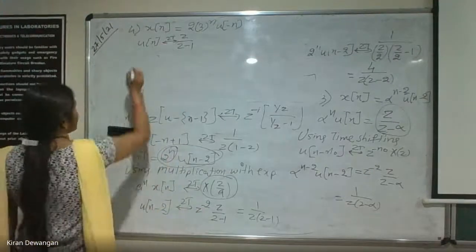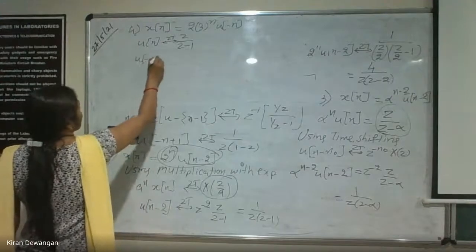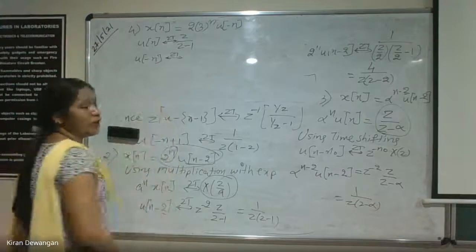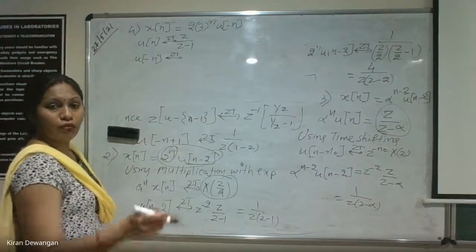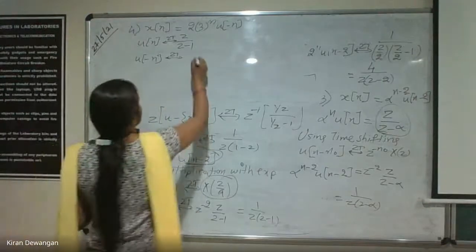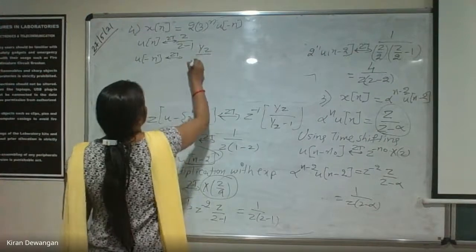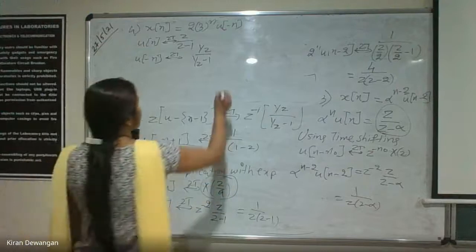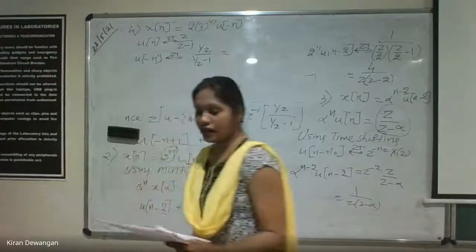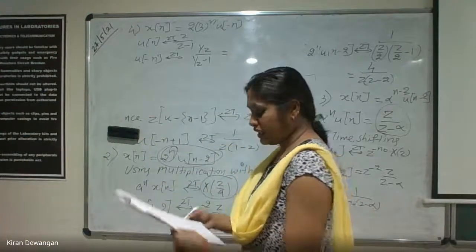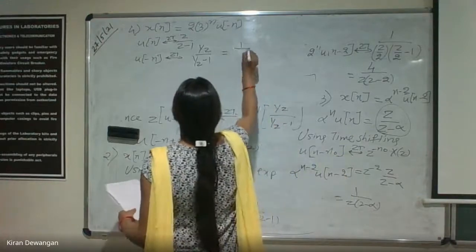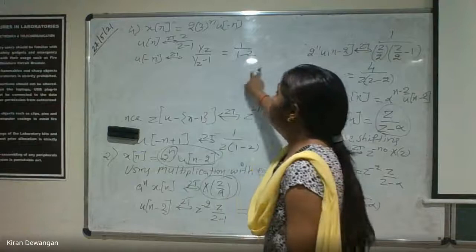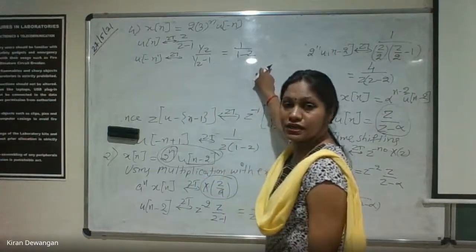Now if we are taking u of minus n, all the z will become 1 by z. This will be 1 by z by 1 by z minus 1, and this is 1 by 1 minus z. So the z transform of u of minus n is 1 by 1 minus z.